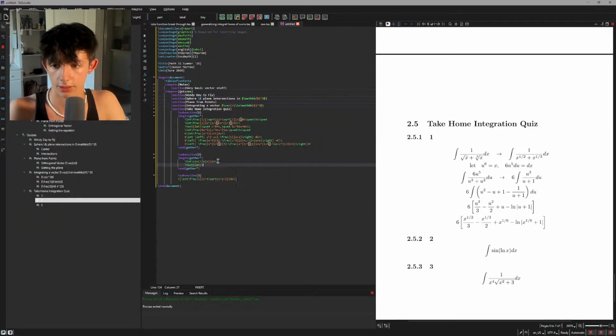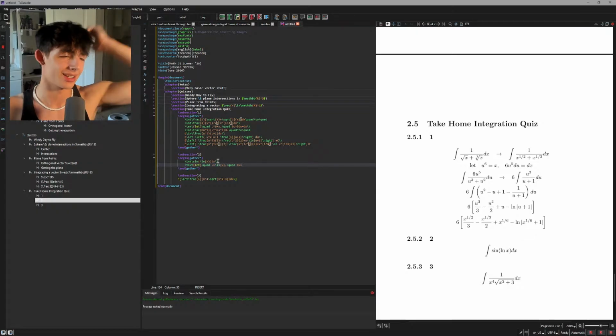Let u equal the natural log of x, such that du equals 1 over x, but that doesn't make sense because we have to divide that by sine. That's dumb.